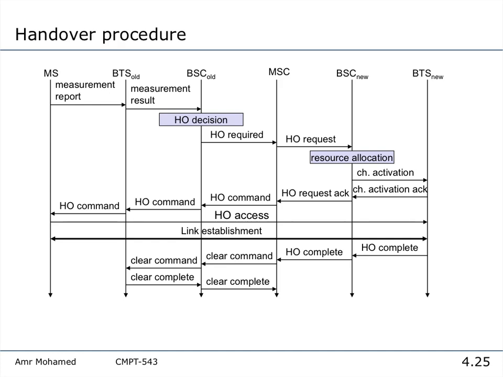Okay? So from this point, all the way to this point, all of this time, the mobile station consumes resources on both sides. It has double the resources during all this time, okay?